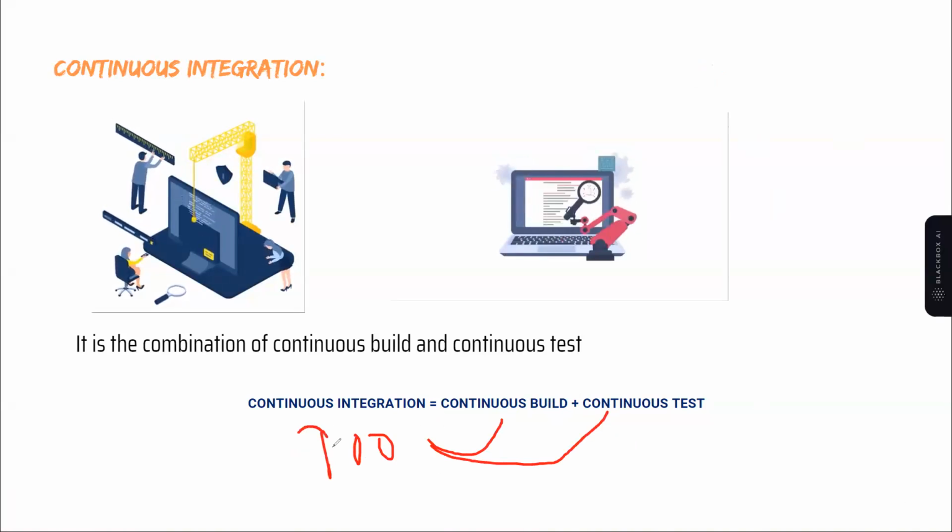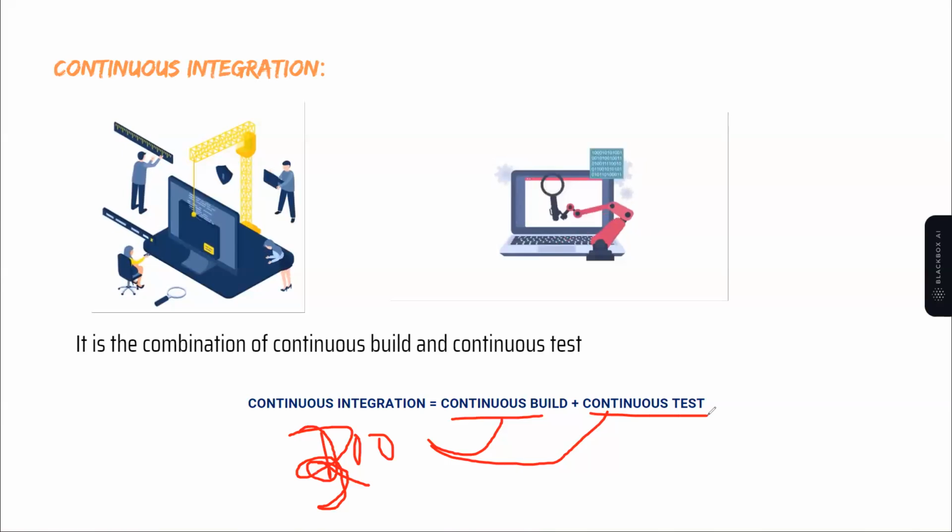Again on day 2, 100 lines is going to become more. That means again I need to add old code with new code, build it, and test it. Again on day 3, my number of lines is going to become 300. Again old code with new code I'm adding, I'm going to build it and I'm going to test it. This is what we can call continuous integration.